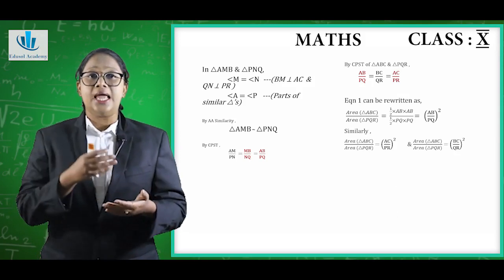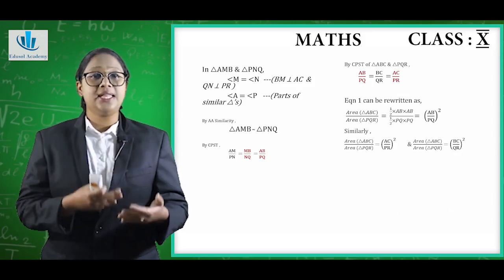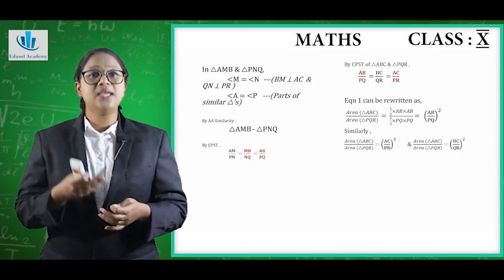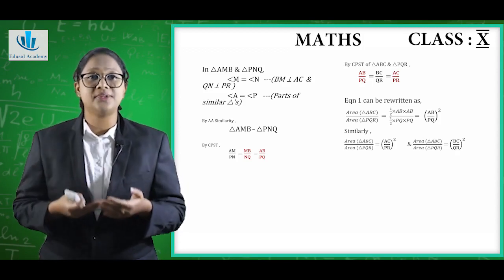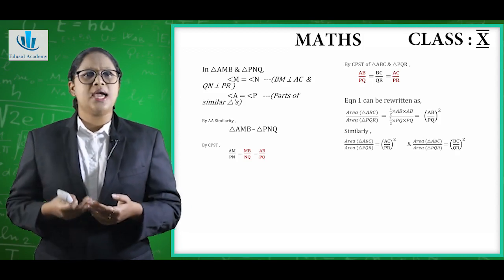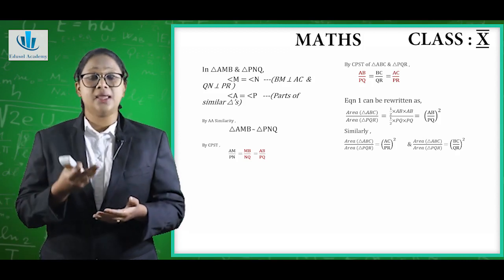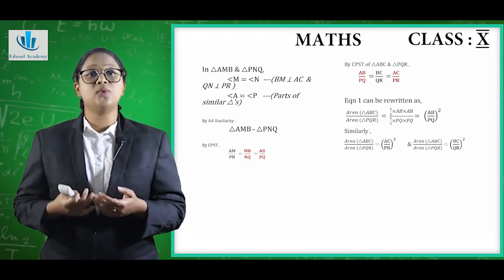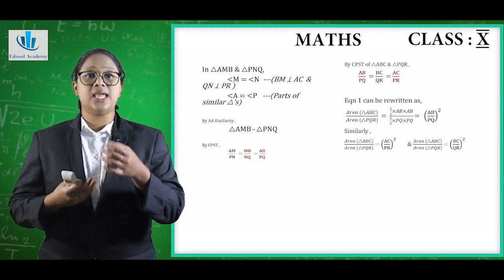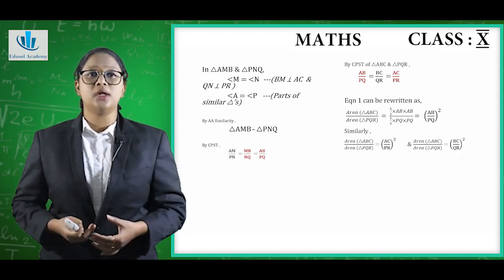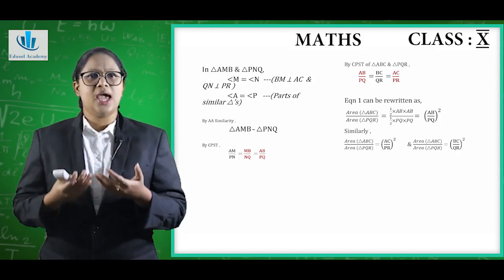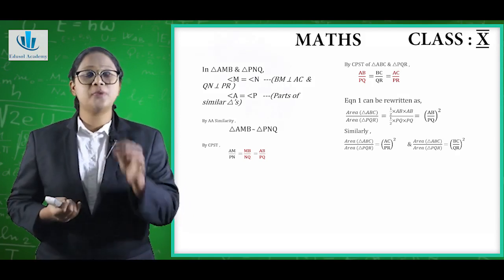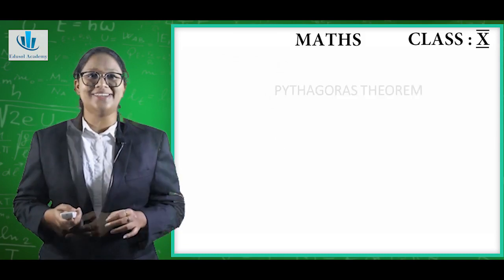And we'll get area of ABC by area of PQR is equal to half into AB by half into PQ, into AB by PQ. And half and half get cancelled. AB into AB is AB square, PQ into PQ is PQ square. That is AB square by PQ square. We can also take the square out, and what we have? AB by PQ the whole square. Hence proved the theorem. I hope it's clear.